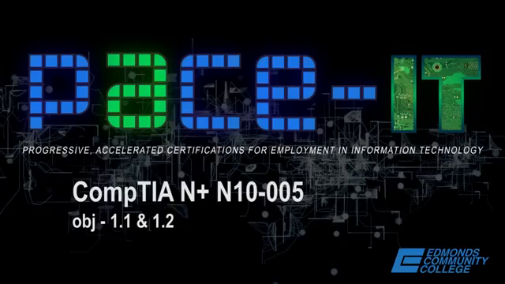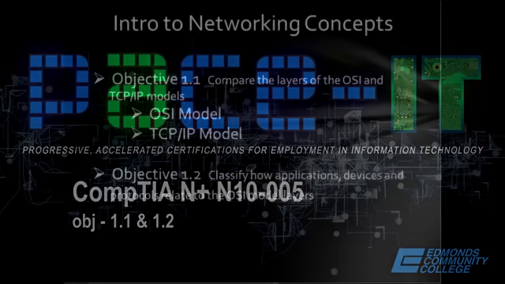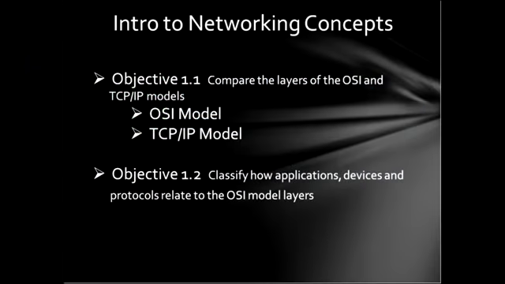Tonight we will be discussing CompTIA's Network Plus exam, number N10-005, and tonight we'll be covering objectives 1.1 and 1.2 of the exam. So now you're wondering, what are those objectives? Well, 1.1 is comparing the layers of the OSI and TCP/IP models.